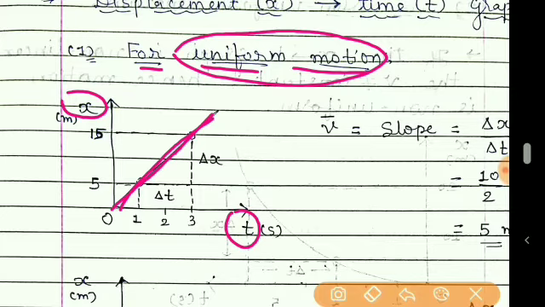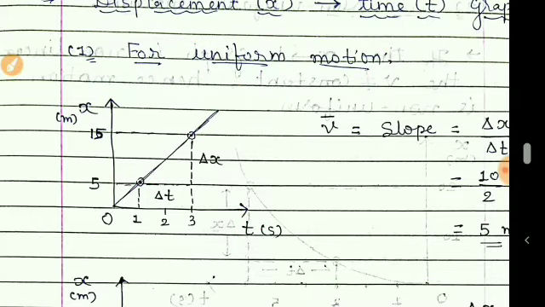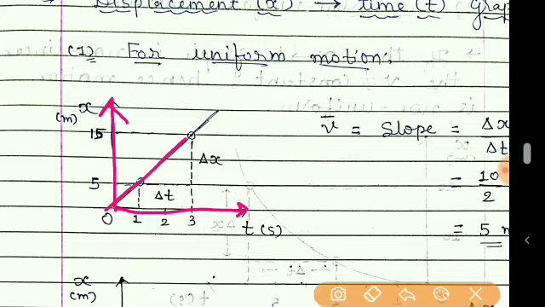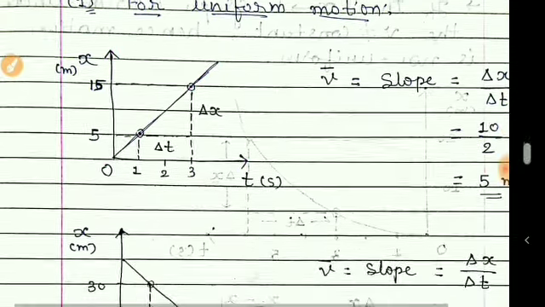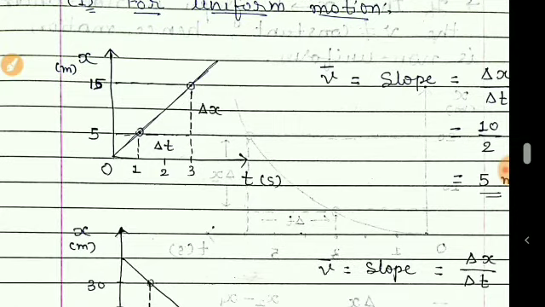So if the velocity remains constant, we can say that the motion is a uniform motion. So whenever in a position time graph, if there is a straight line, then we have to consider that motion as a uniform motion.